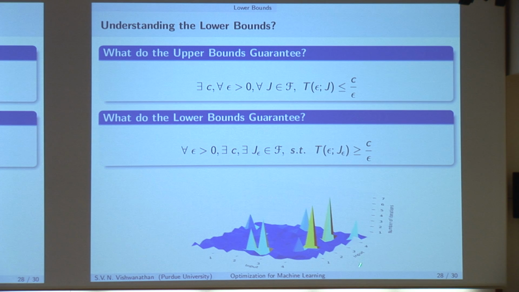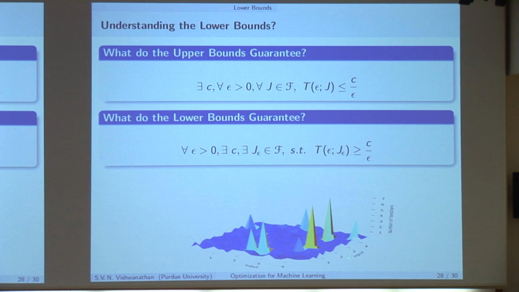So all this is playing around with existential and for-all qualifiers. But a picture which tries to describe this in a very naive way is to say, let us say this is just some weird landscape where your axis is the set of all possible functions, and for every function I am plotting the time that the optimizer takes.